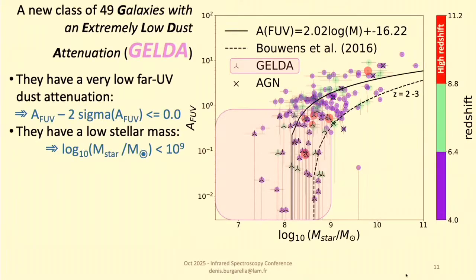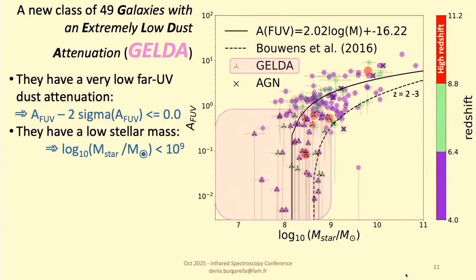Here, what you see is the dust attenuation in far UV and the stellar mass, color-coded in redshift. High redshift is the reddish points, and the other ones are mainly low and intermediate redshift.